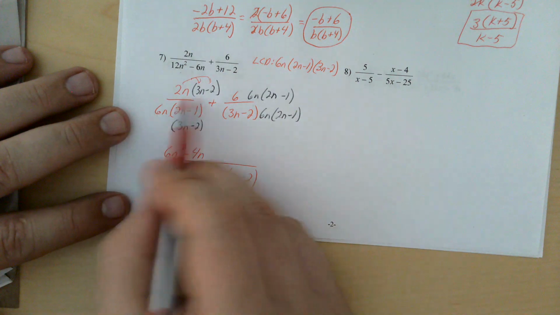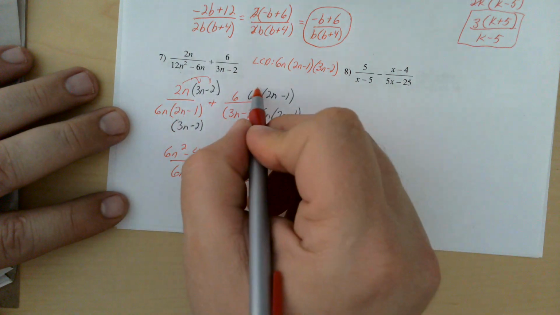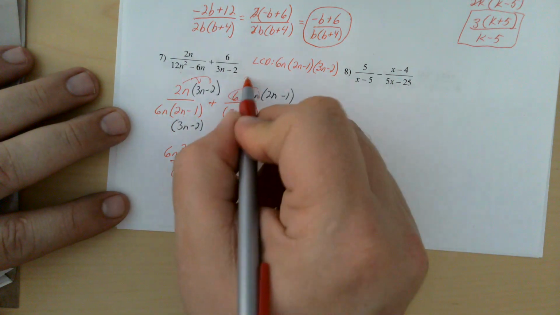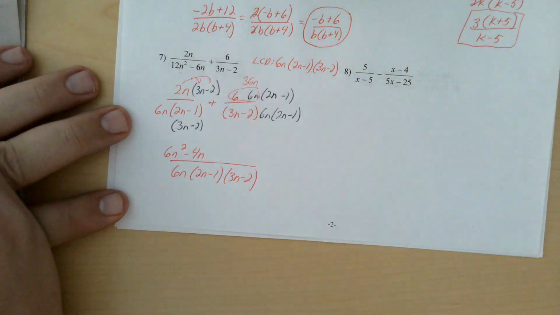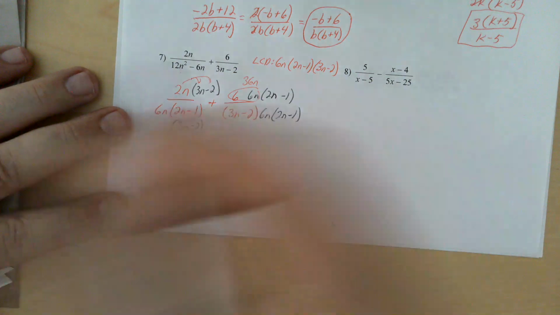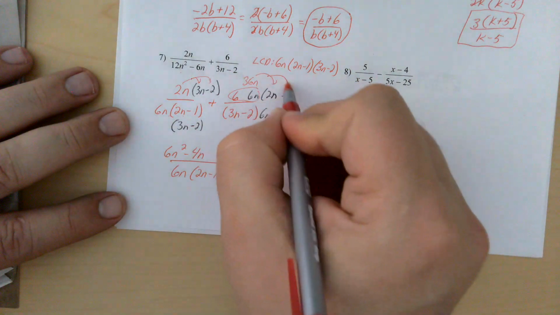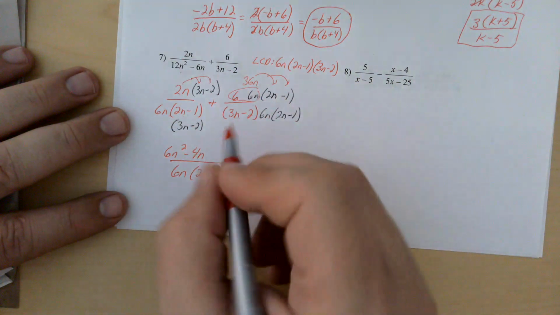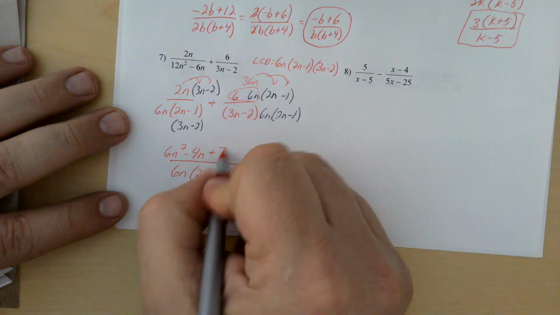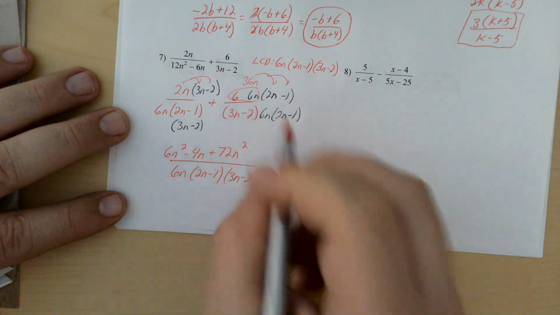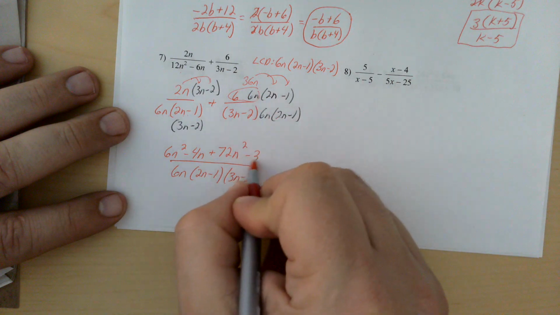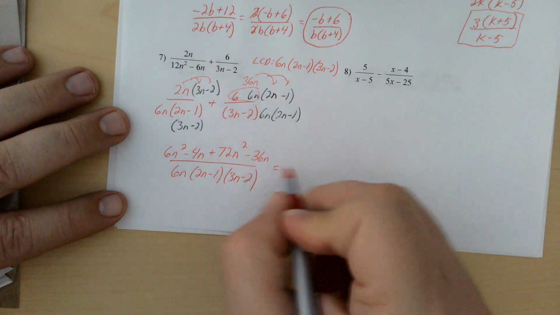Okay, that's this distributed. Now, I want you to treat this as a 36n, okay, because I can take 6 times 6n, which is 36n, and I'm going to distribute that. So when I distribute, I'm going to get a 72, because 36 times 2 is 72, n squared, and then I'm going to have a minus 36n.